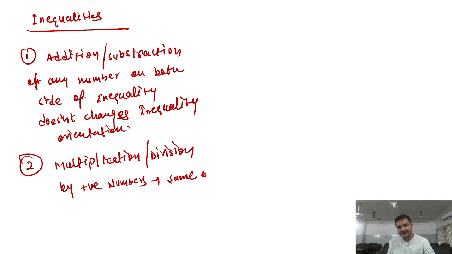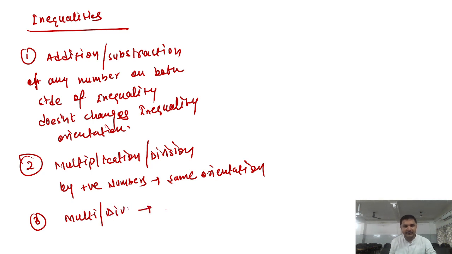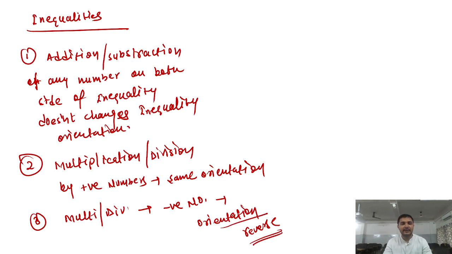Okay, I'm writing same orientation, it is not changing. Yes, but multiplication or division by negative numbers, orientation will be reversed. Yes, it will be changing and it will reverse, right? Is that clear? Yes. So these are the basic rules we are having.